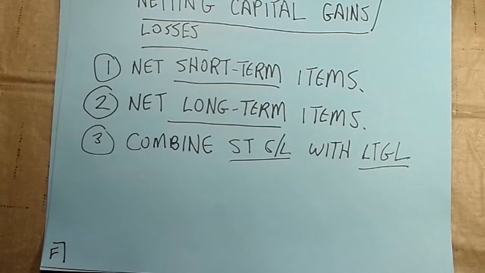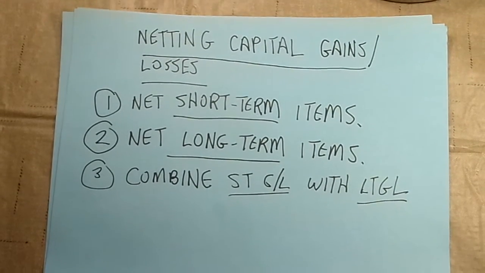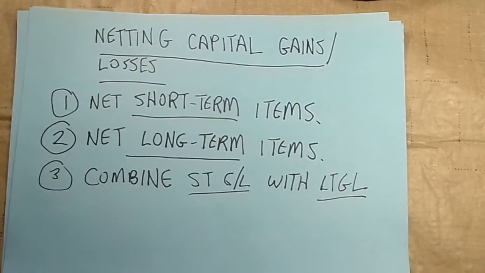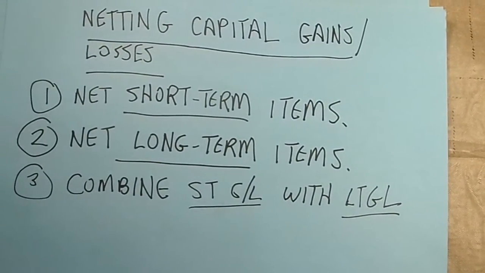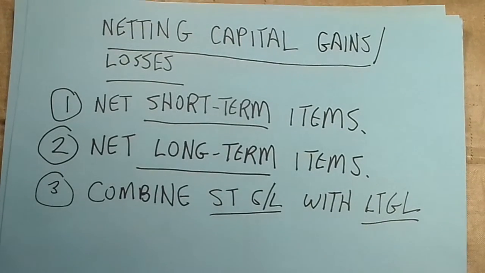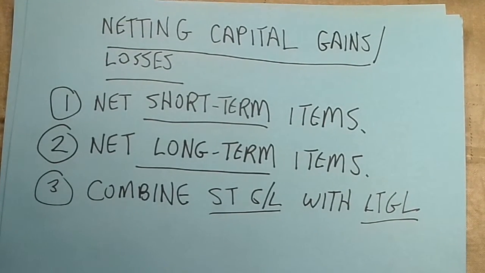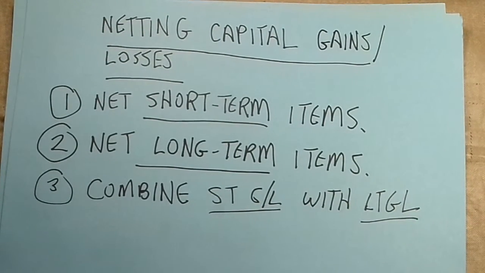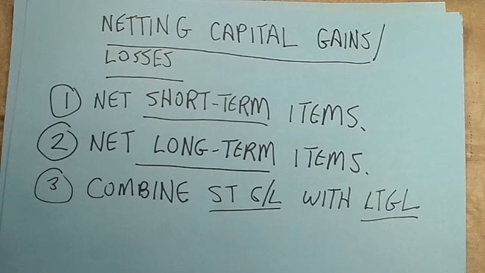One exercise you always have to go through when you're trying to determine the tax on your capital gains is you net short-term and long-term items. So first you net all the short-term items, then you net the long-term items, then you combine the short-term with the long-term. And some peculiarities happen here.